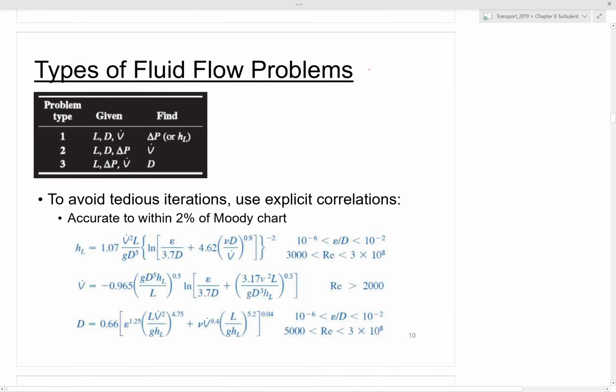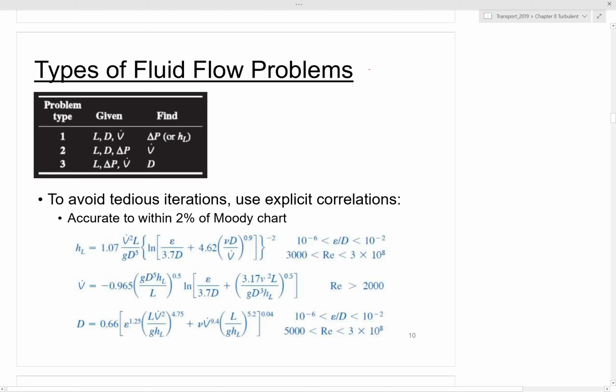Let's look at the types of fluid flow problems you'll be dealing with and where you'll be applying these empirical relationships and your equations.